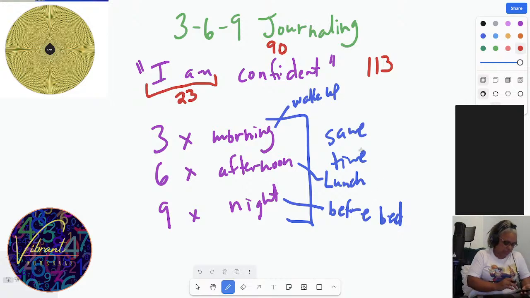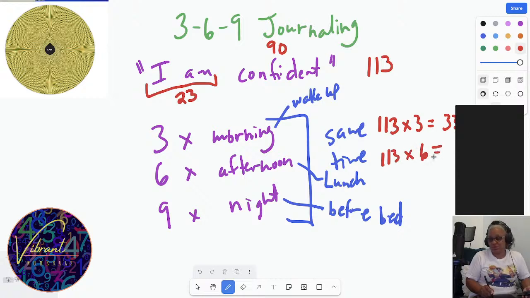So you could add your life path number to this 113 because it could better help you show how you'll become more confident, how you'll be able to build that up into reality. But you could also take 113 times 3 is 339. And then 113 times 6.